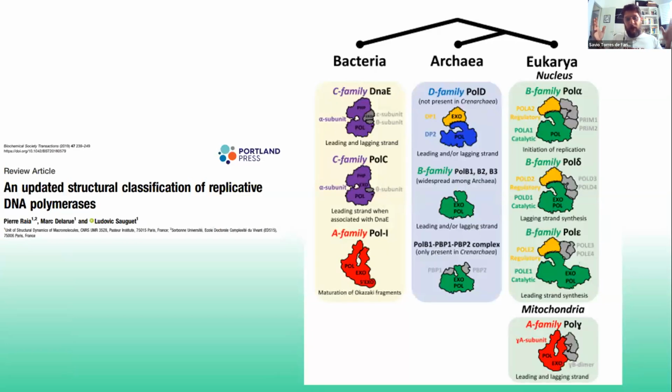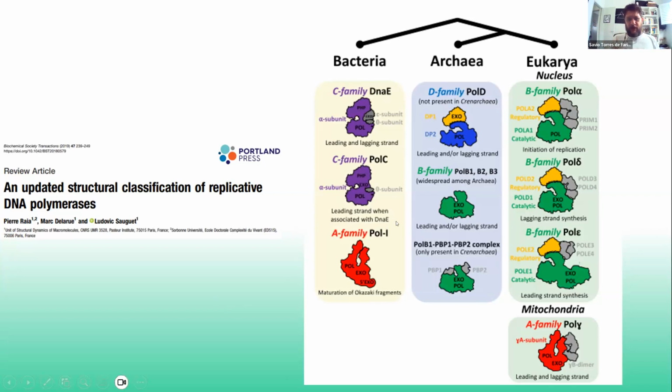So let's talk about the DNA polymerases. We have today around six families of the DNA polymerases. Three of these families are involved in the replication process, and the other three in the repair process.